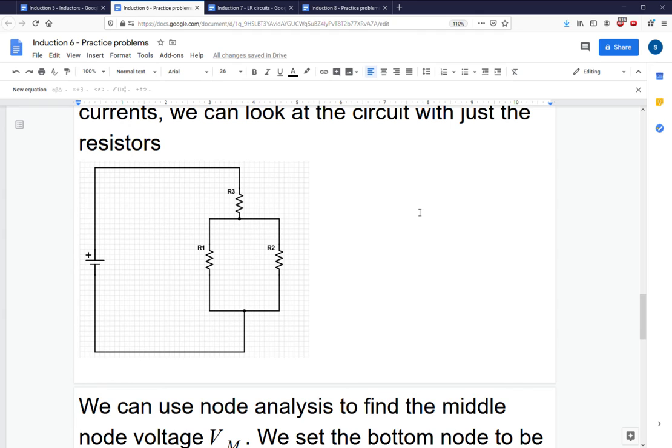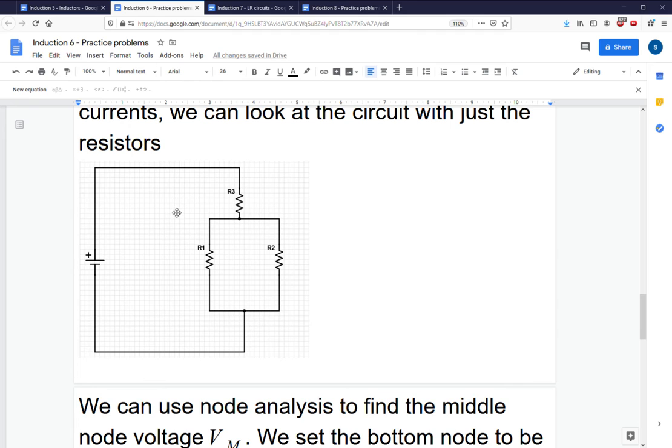So we can almost think of those inductors as being shorted out after a long period of time, which would make the equivalent circuit this right here. Now we do want to find how much current is going through this branch and how much is going through this branch. So we can analyze this circuit right here. Now we have a number of ways we can do this.